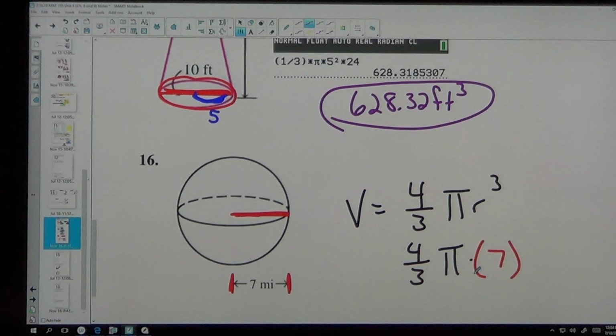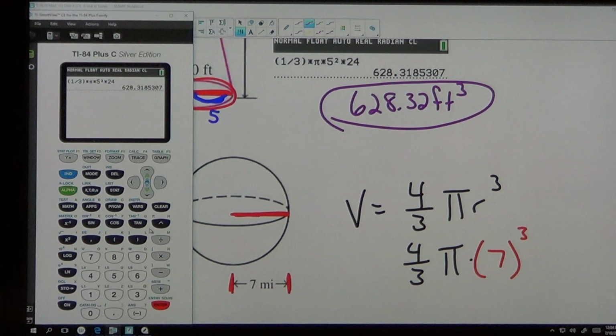They only gave me halfway, so 7 is my radius. Had they told me that 7 was all the way across, then I would have taken half. But 7 is my radius.